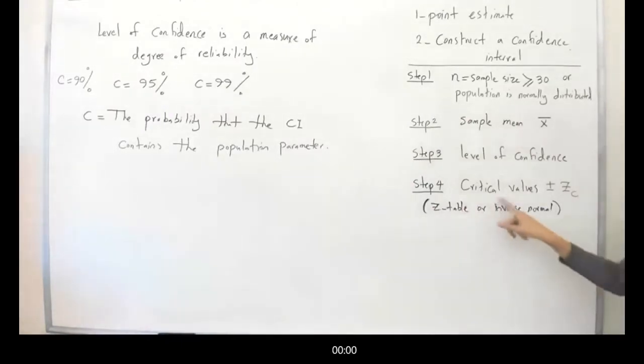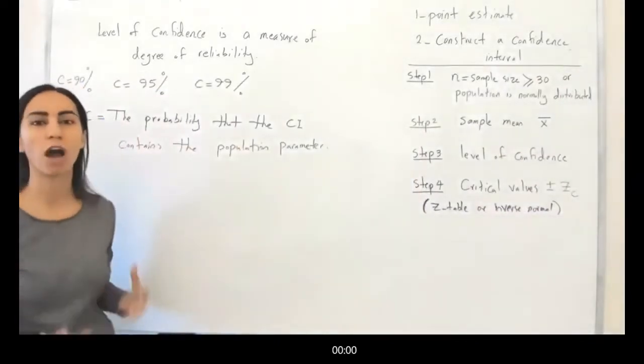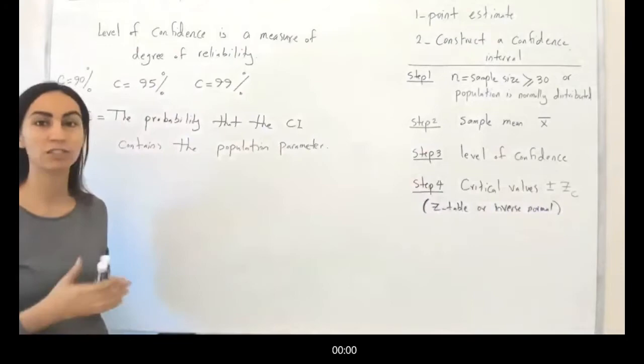After finding the critical values plus minus, remember that since we have a normal distribution and we have 90% or 95% or 99% level of confidence, it means that we have symmetry.